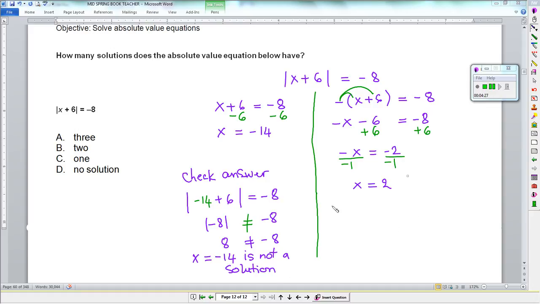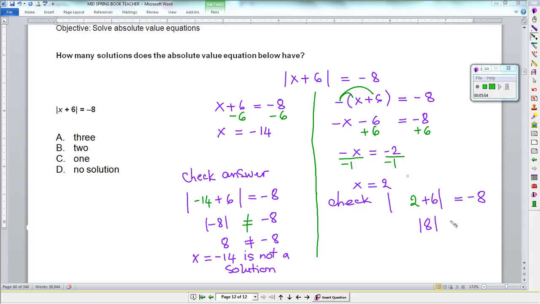Now I'm going to check the next answer. We substitute x for 2 inside the absolute value symbol. We have the absolute value of 2 plus 6 equals negative 8. On the left-hand side, 2 plus 6 inside the absolute value symbol gives us 8, so we have the absolute value of 8.